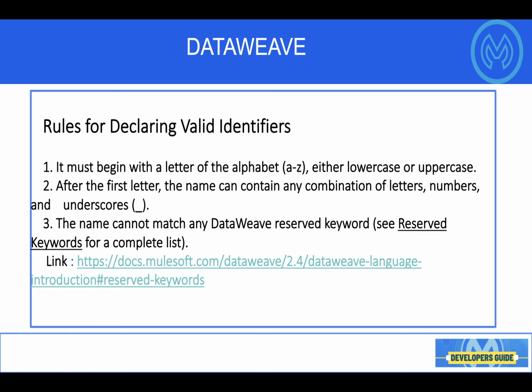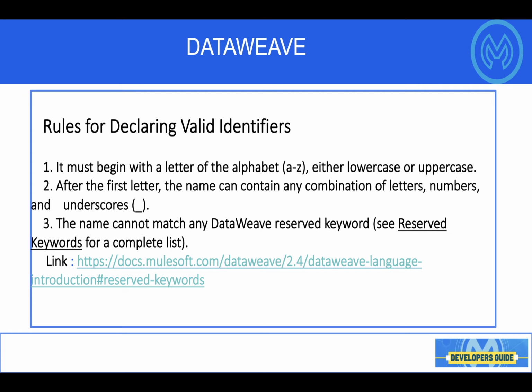There are certain rules we must follow. The first rule is that the variable name or function name must start with an alphabet. It can be lowercase or uppercase, that will not create a problem, but it must be an alphabet. Whenever you are defining any variable, constant, or function, you must follow this rule.